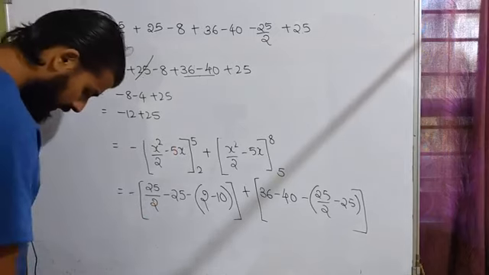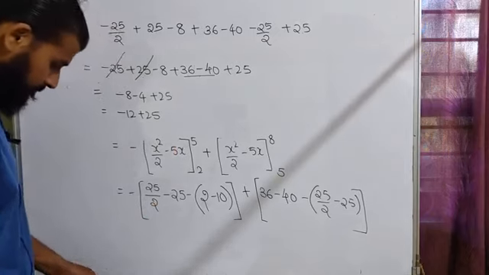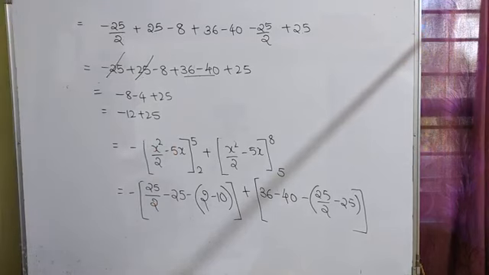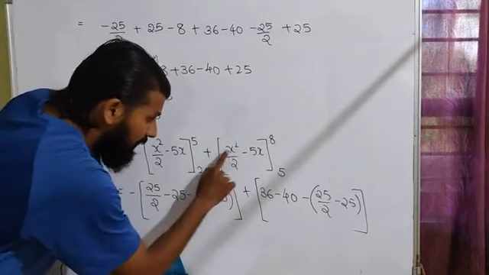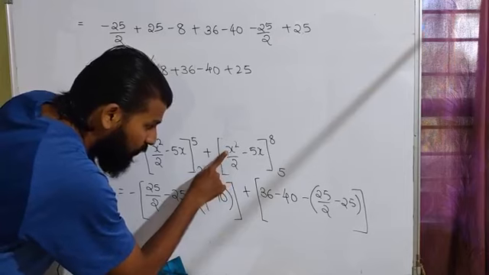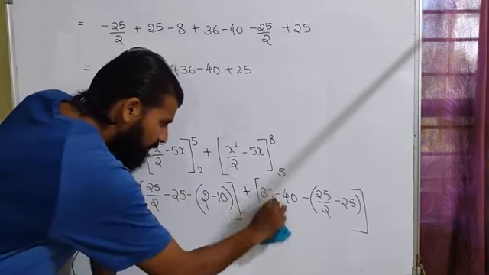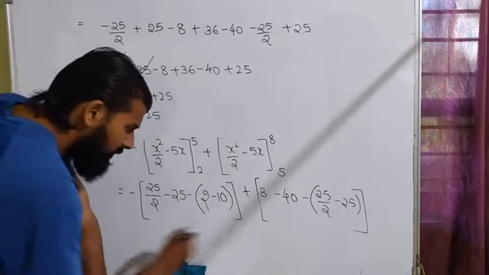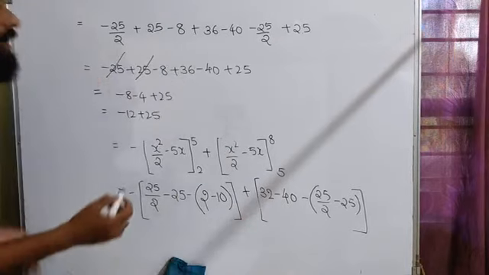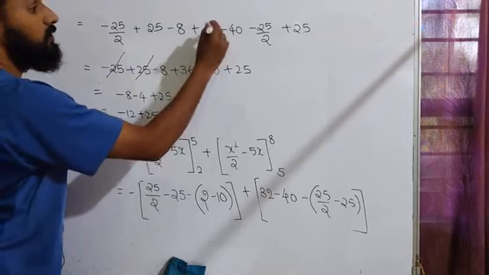I think, yeah, let me check. Something is missing. Yeah, I got it, friends. I think we have made a mistake here. That is, 8 square will be 64, and 64 by 2 will be 32. Yeah, in the flow I wrote it as 36. Actually this is 32, and here I need to write 32.